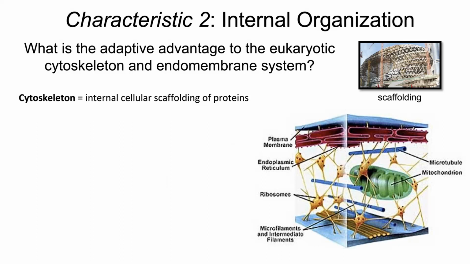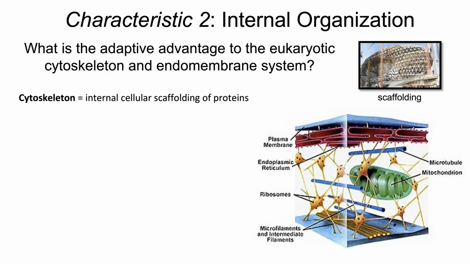So let's talk about that first unique major innovation that eukaryotes have evolved in terms of internal organization, and that would be the cytoskeleton. All that the cytoskeleton is, is internal cellular scaffolding, and that scaffolding is made of different proteins. You can think about the scaffolding on a building that helps hold that building up and shape it.